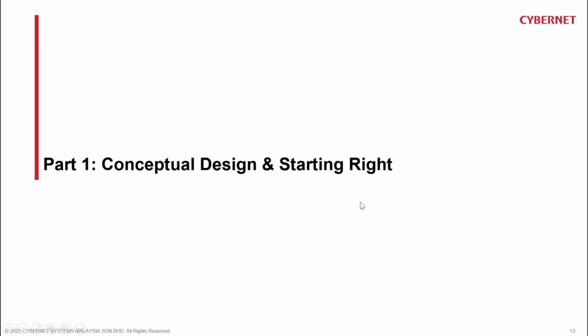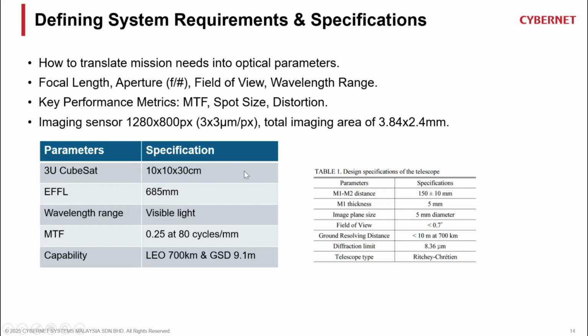Okay, so now we will start with part one, the conceptual design and also the starting point. For every design, we will start from defining the system requirement and also the specification. This is important in order to translate mission needs into optical parameters. For example, we will focus on the focal length, F-number, the field of view and the wavelength range.